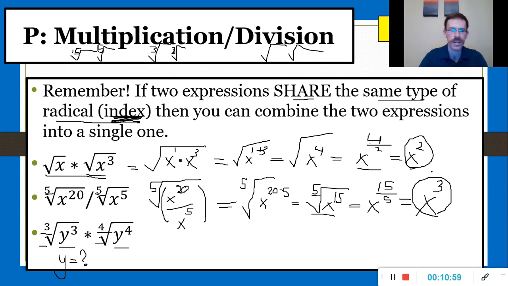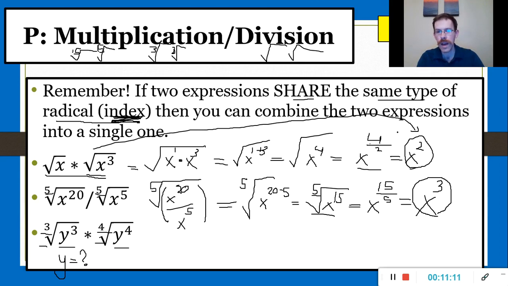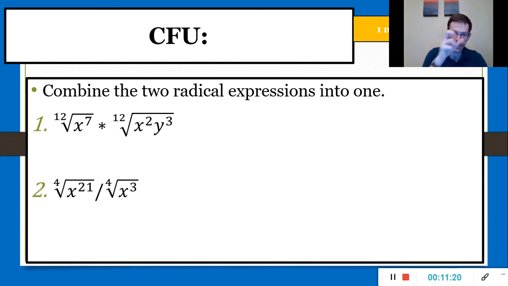Like the square root of x times the square root of x cubed, that's the same thing as just x squared. That's a little bit simpler than having to square root this, and then cube that, then square root that, and then multiply. No, it's just x squared. It's more simple.